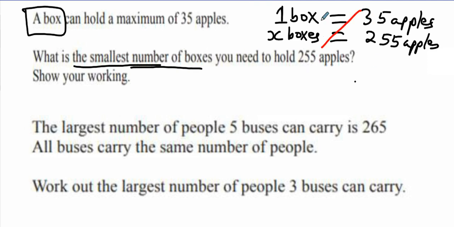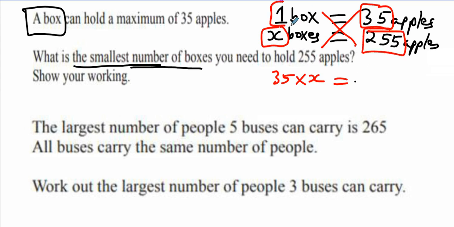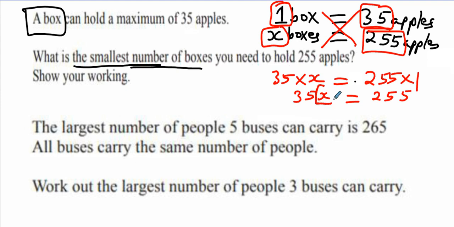This will be 35 times x equals 255 times 1. So 35x equals 255, because 255 times 1 remains the same number. So to find the value of x, you divide by 35.